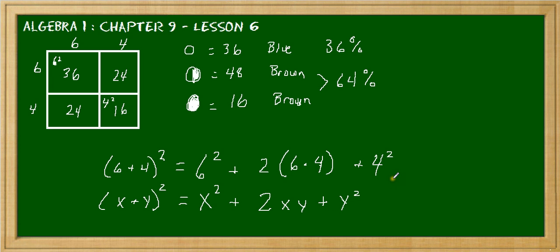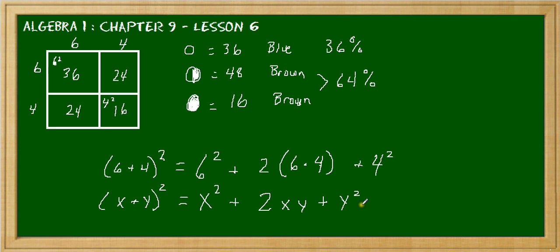So we can say that whenever we have a binomial x plus y, we know that you can simply square the first term, that would be x squared, multiply the two terms, and then multiply that by 2. So we have x times y times 2, 2xy, and then square the last term, y squared. Okay. Now let's continue reading here.